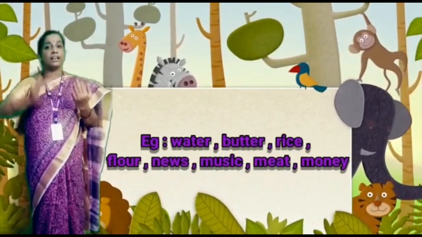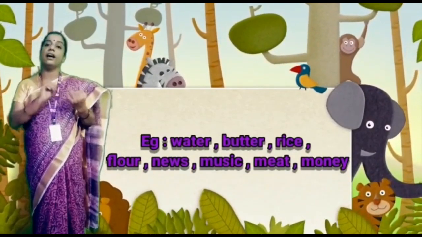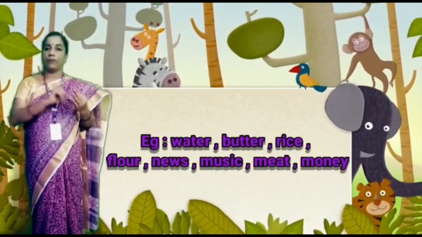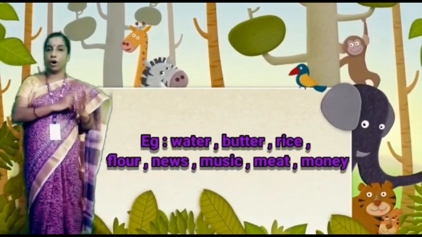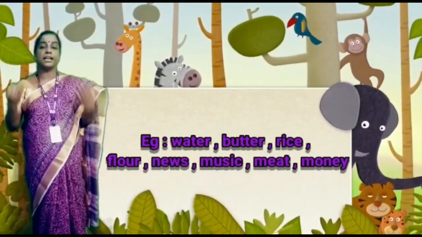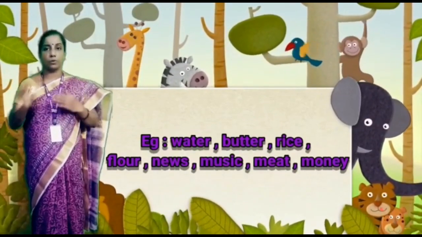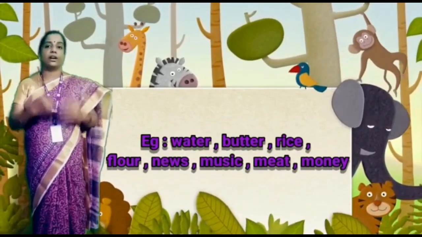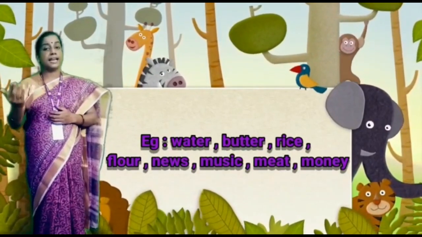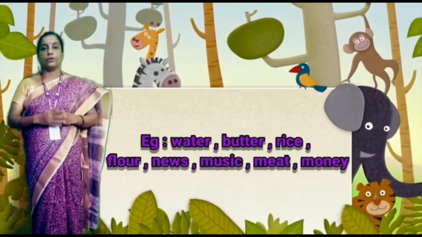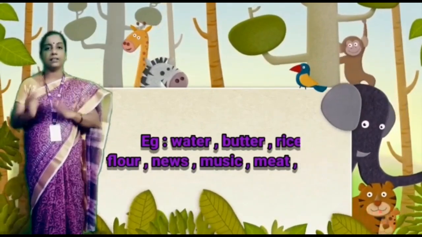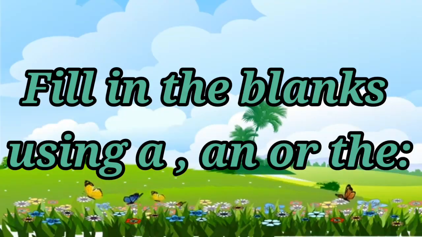That means all liquid things come under uncountable nouns. Rice, sugar, salt, sand, mud, hair, all these things cannot be counted, but can be measured.